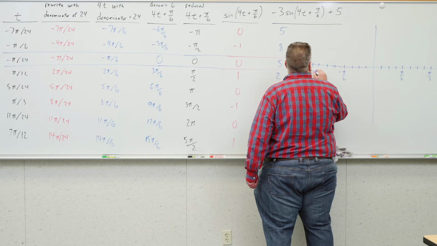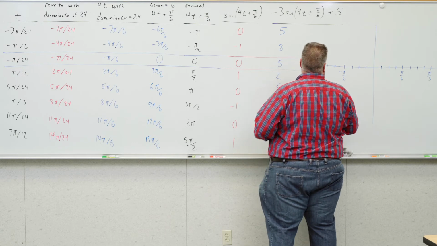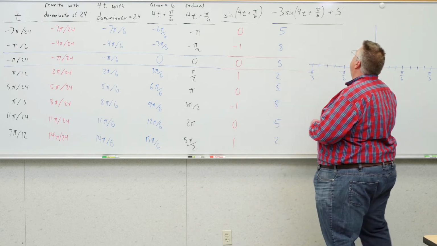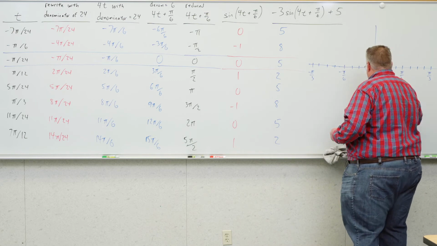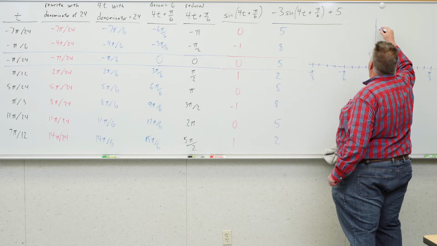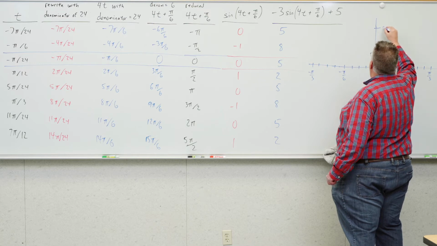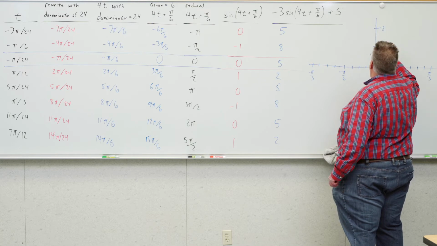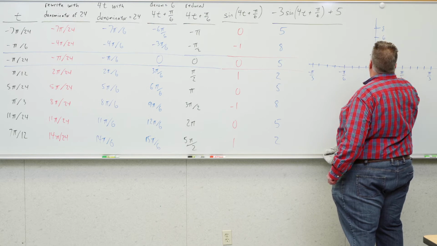Another pi over 6, negative pi over 3. How's my height? Didn't need to do all that. And I want to have room to go to 8. So I'm going to go 4, 6, 2.